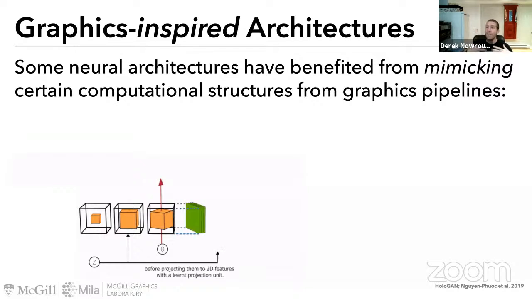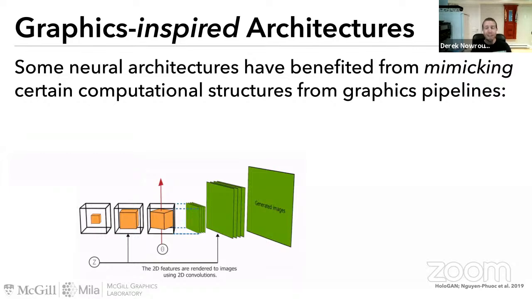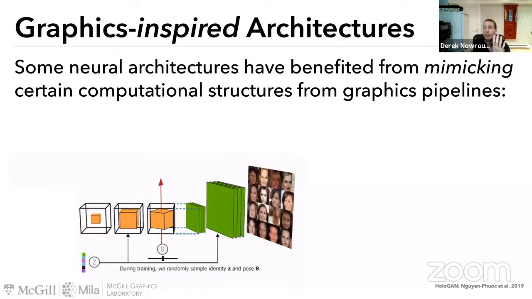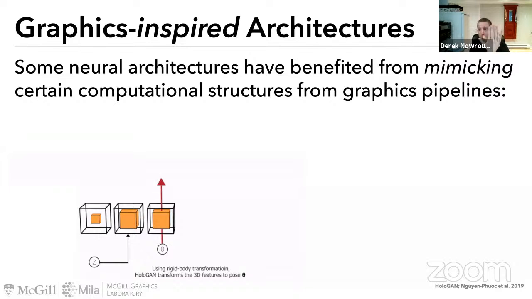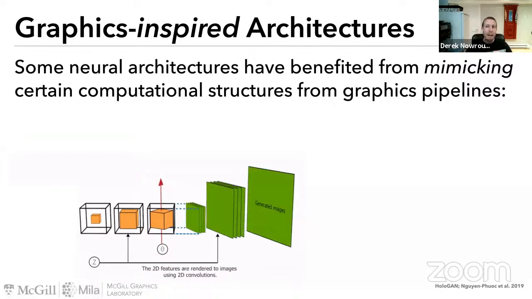Instead of just applying a vanilla convolutional neural network, they start by describing features in a 3D volume and associating rotations with actual rotations of this feature volume before then projecting it into image space. This starts to sound a lot like having a 3D representation of a scene and then performing rendering, one part of which is to project it onto the image plane.